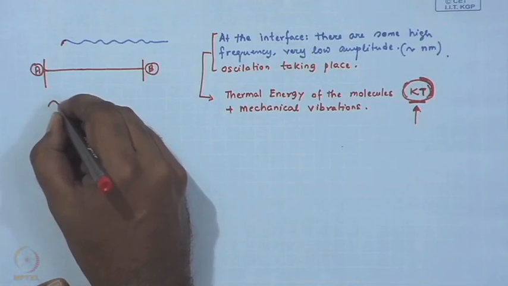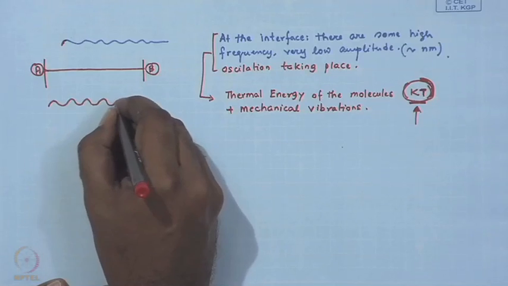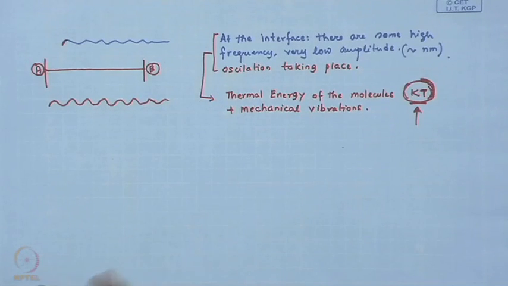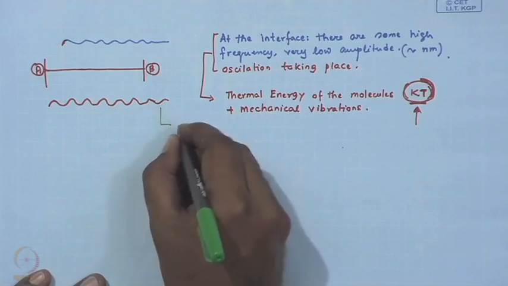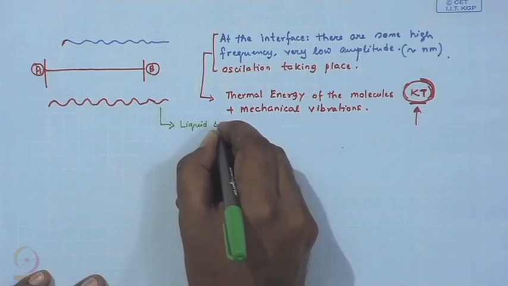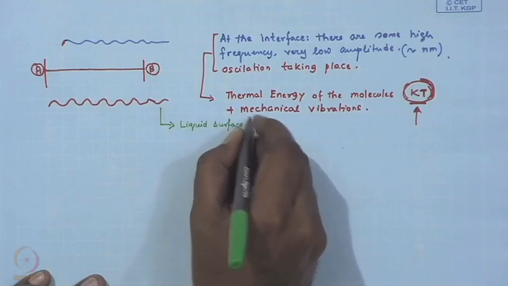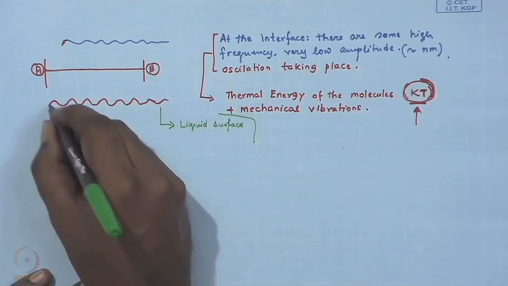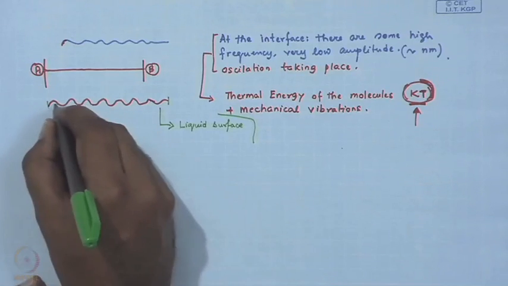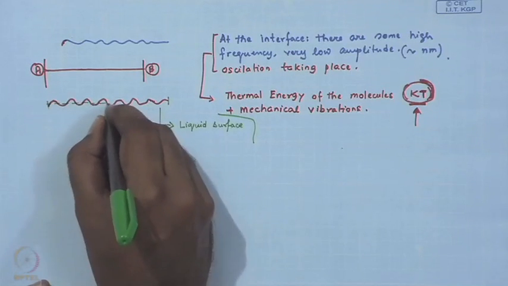So, the moment you have these fluctuations on the liquid air interface or the liquid surface, the actual surface area goes up as compared to a flat surface.